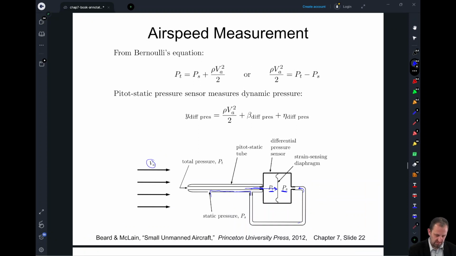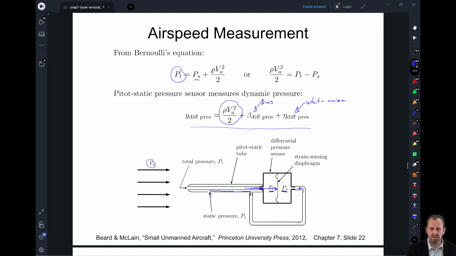So again, from Bernoulli's equation, we can see that P static plus rho times V_A squared over 2 is equal to P sub T. Okay, which is great. Now we can generate a measurement where again we have our bias and our white noise, and then we have the element we're trying to measure.